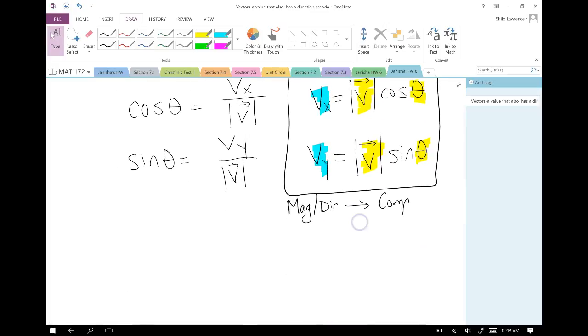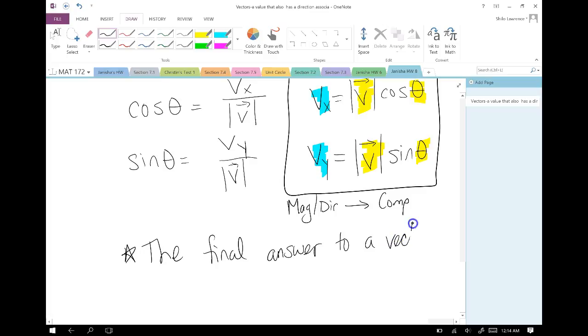The final answer to a vector problem is called a resultant. So it's typical for you to see the capital letter R used for the final answer, R for resultant.